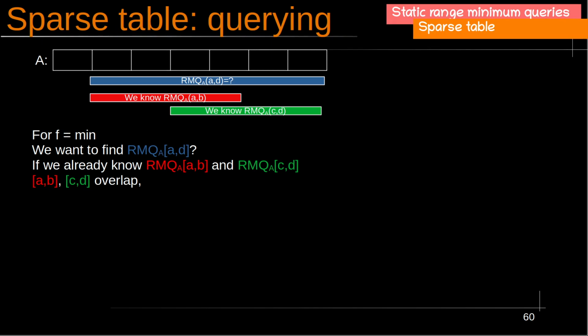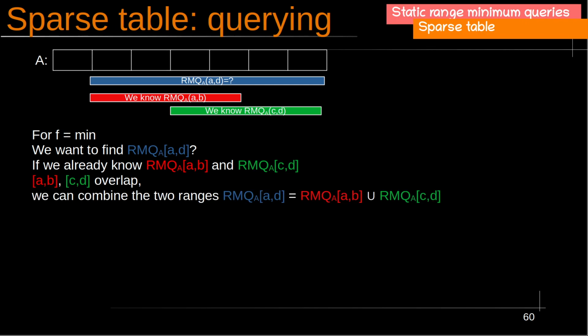There is no problem for the minimum because we will take the minimum of the whole range. We can combine the two ranges to compute the minimum.